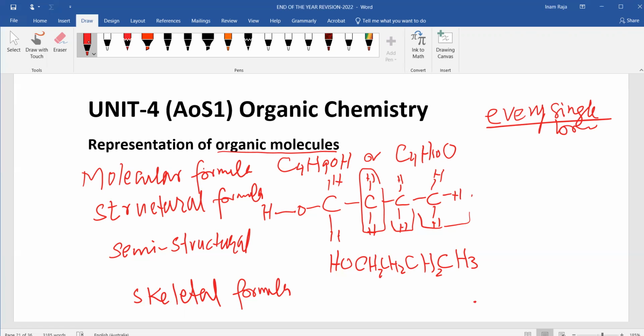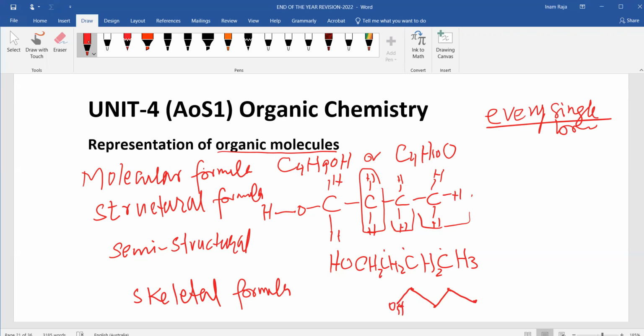So we start with carbon and then zigzag 2, 3. This is carbon 1 with 3 hydrogens, carbon 2 with 2 hydrogens, carbon 3, carbon 4. Now with carbon 4, OH is attached, you need to show that OH. This way of writing is called the skeletal formula.